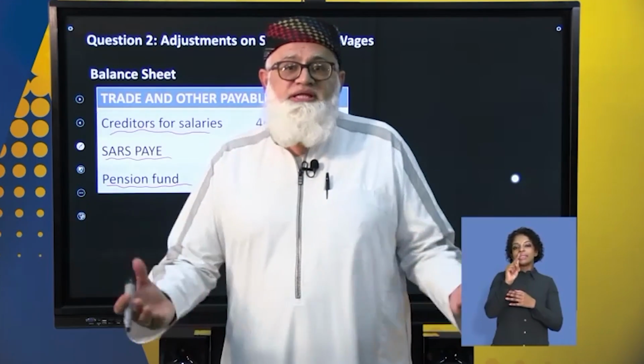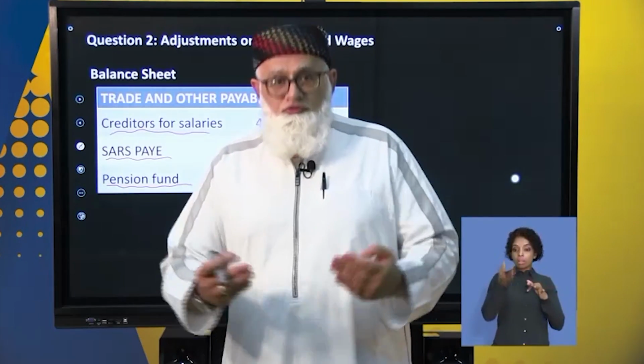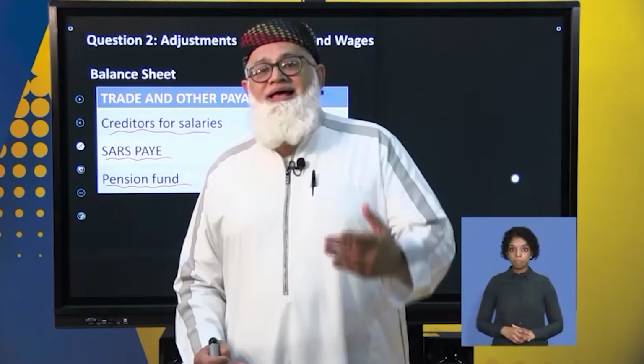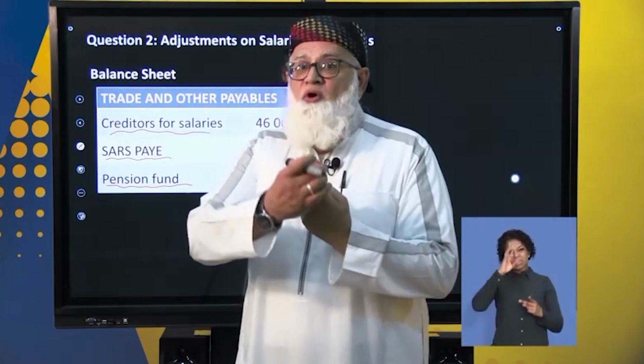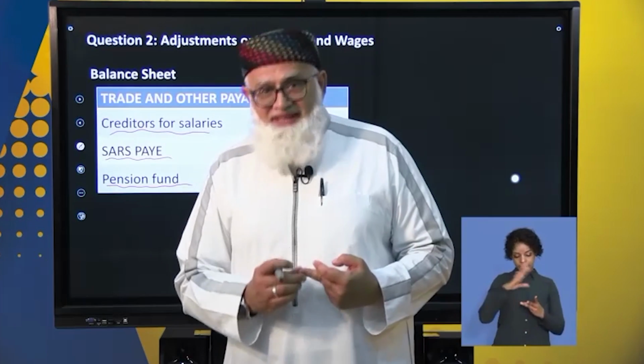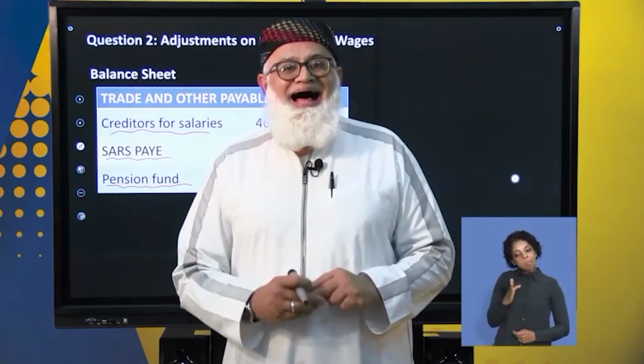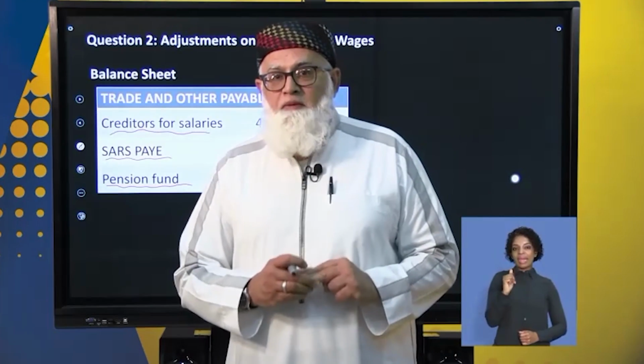Those are people that you have purchased goods from on credit. Okay, and then, remember we spoke about deferred income? That would be part of my trade and other payables. And then my accrued expenses. Those expenses that I have incurred, which I haven't paid for, would also appear under my trade and other payables.